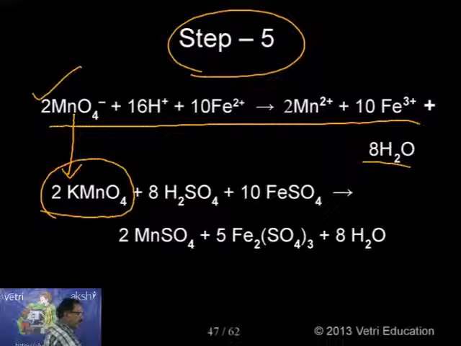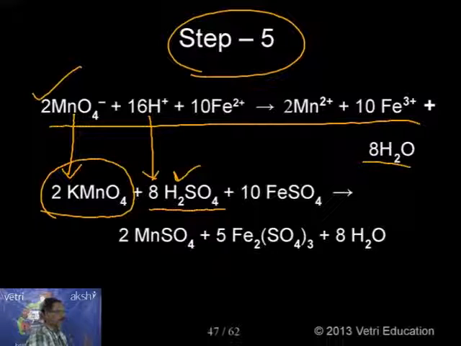Now coming to the 16H⁺. Correspondingly, if you see the original equation, H2SO4, so I am putting 8 sulfuric acid, 8 into 2 automatically 16. So to represent sulfuric acid, I am using 8H2SO4.